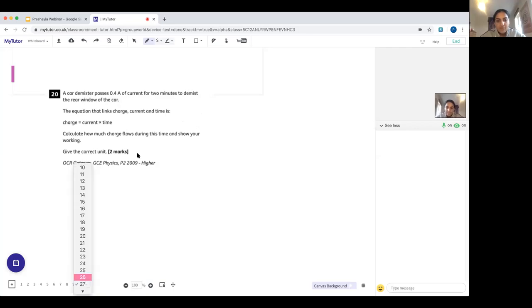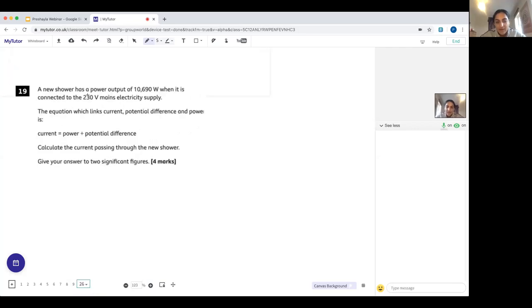Okay, so for the next one, we have a power of 10,690 watts and it's connected to a 230 volt supply. What would be the current? So our equation is P equals IV, or rearranged, I equals P divided by V. So what would the current be, given the power is 10,690 and the voltage is 230?